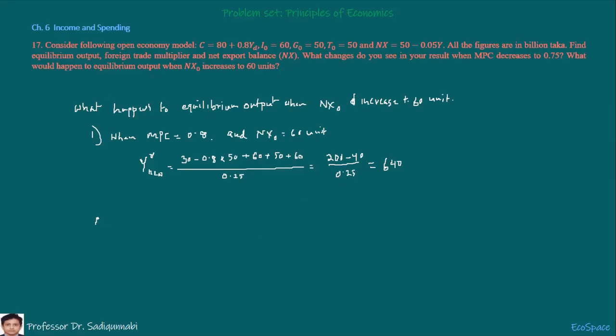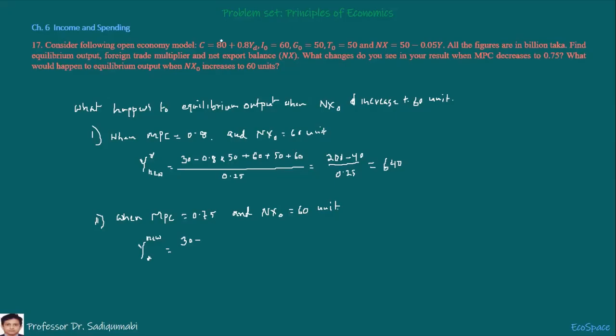Situation number 2 is when MPC is 0.75 and NX0 equals 60 unit, Y star equals 30 minus... What happens?